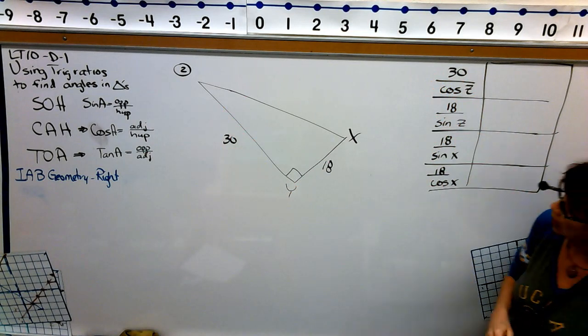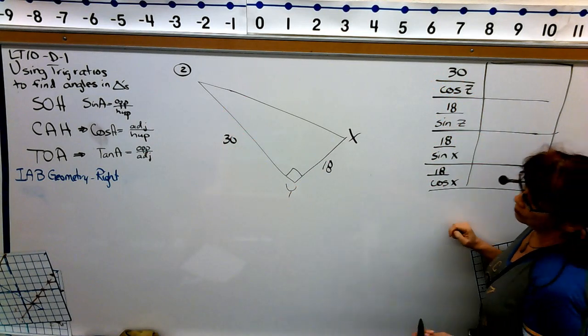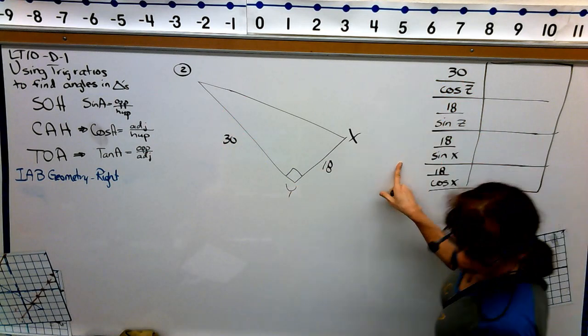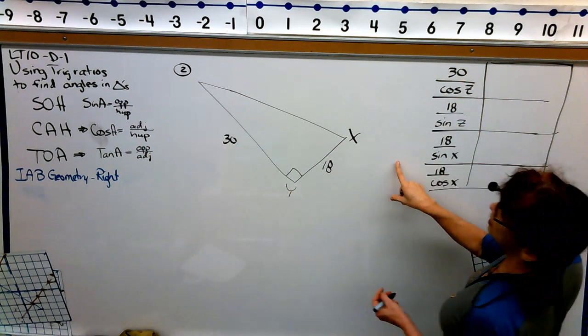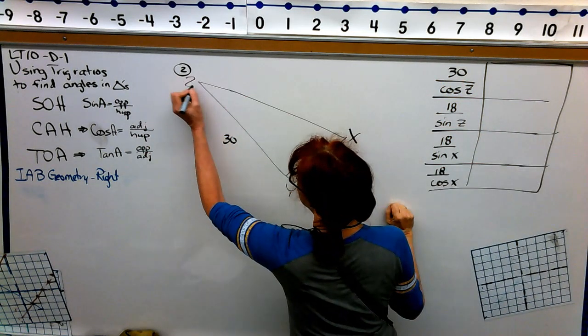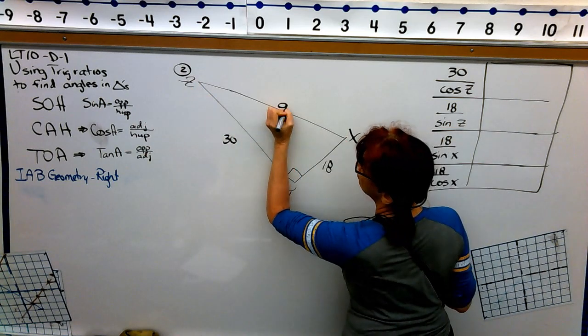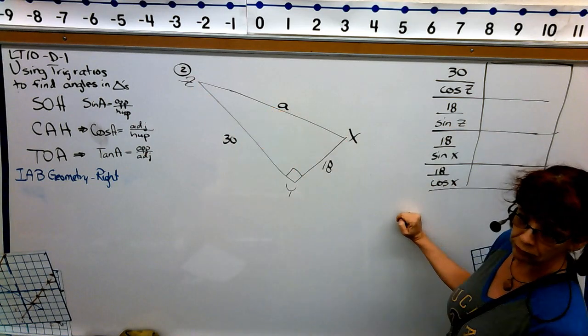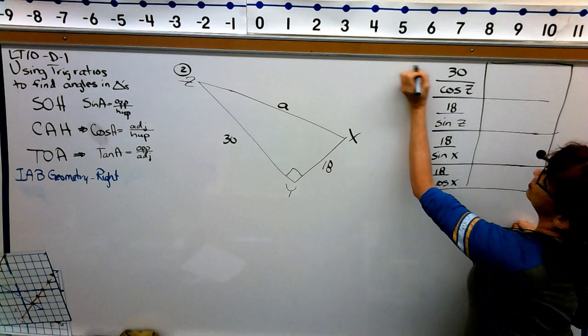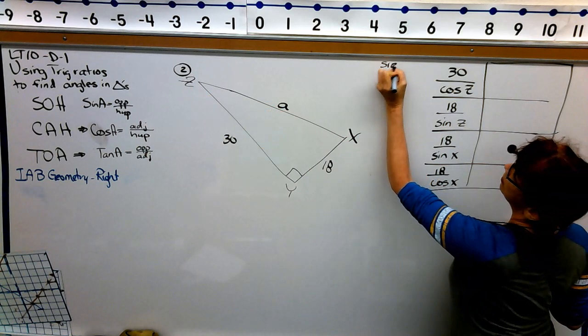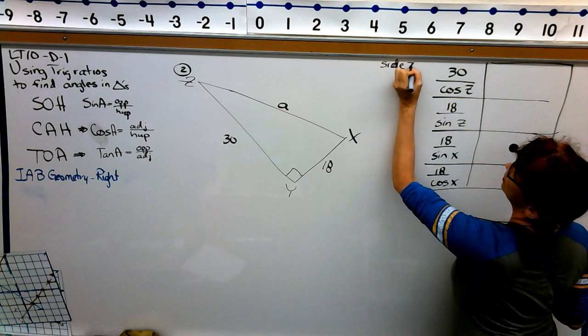Notice these were all ways of finding ZX. I'm going to go ahead and call this side A. So I put an A right there.